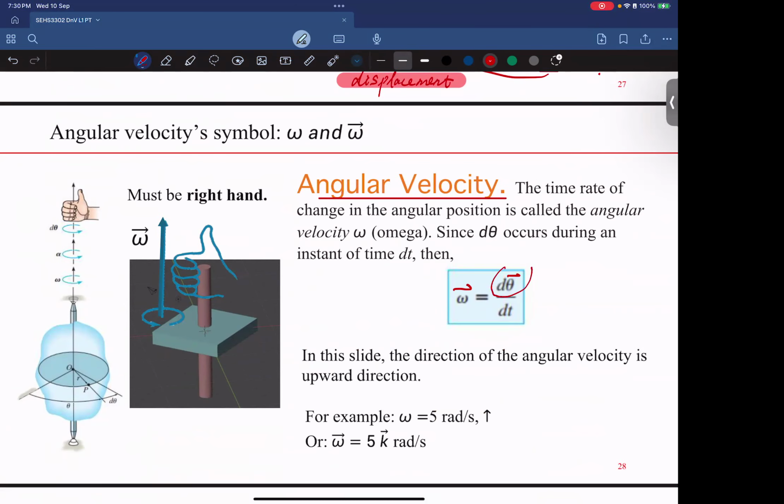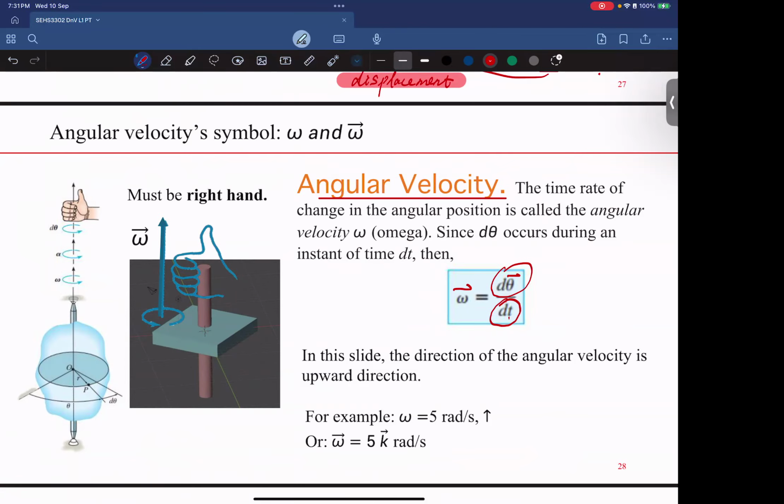D theta means a very small angle change, okay? A very small angular displacement in a very small time interval. dt is a very small time interval. So how small?